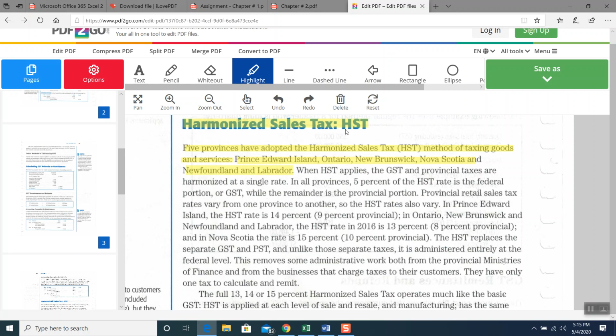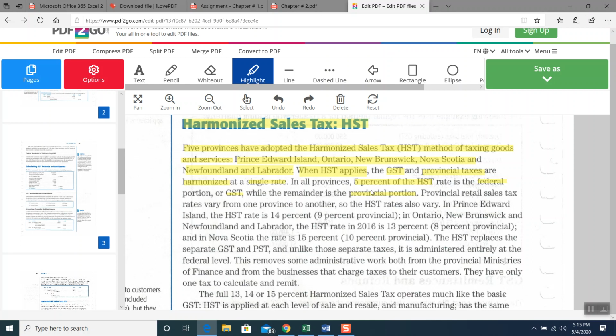So how are we going to do HST? Let's take a look. When HST applies, the GST and the provincial sales tax are harmonized at a single rate. Means they become one single rate. In all provinces, 5% of the GST is the federal part, while the other remaining part is called the provincial portion. But we don't know how much the provincial portion is.